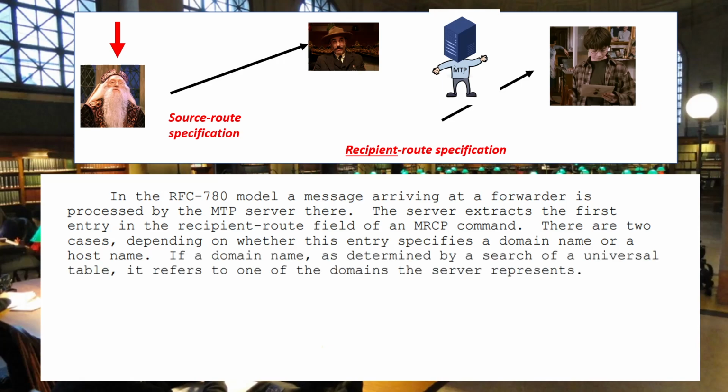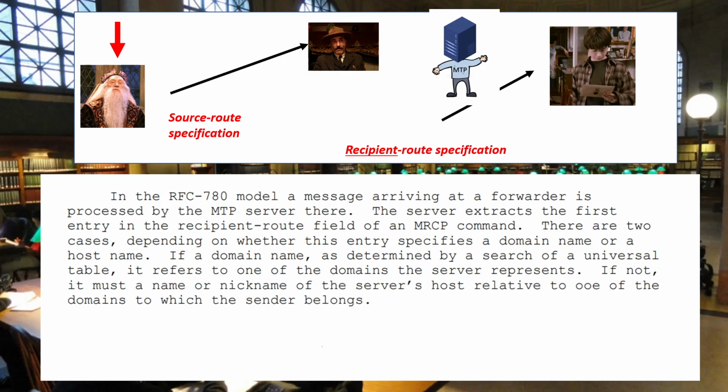So if it specifies a domain name, then the MTP server will know that it's a domain name because it's checked its table, and I think it just passes it on to the relevant domain if the forwarder works for that domain, because remember that point that forwarders can sort of cover several domains. But it might not.